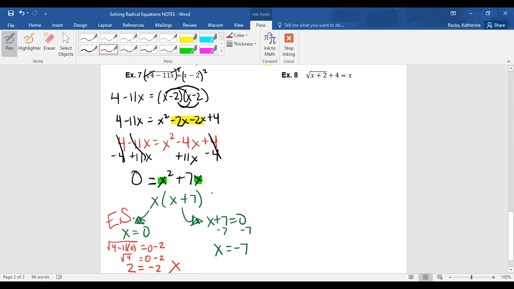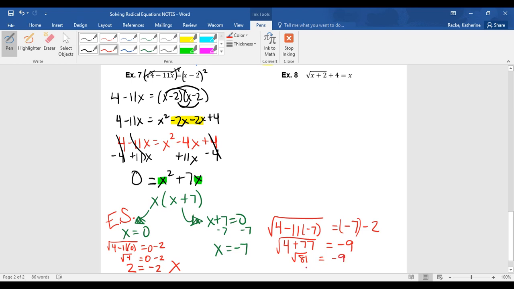Okay, now let's try negative 7. So if I did negative 7, 4 minus 11 times negative 7 equals negative 7 minus 2. Negative 11 times negative 7 will give me 4 plus 77 under the square root. Negative 7 minus 2 is going to give me a negative 9. 4 plus 77 will give me the square root of 81.